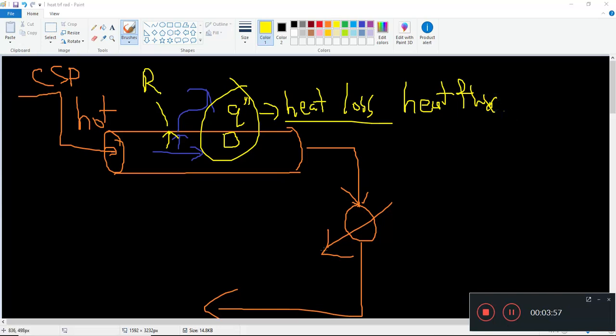Secondly, you don't just have this heat loss mechanism going on. Even in the fluid, from point A to point B, there will be heat transfer between two different points in the fluid.